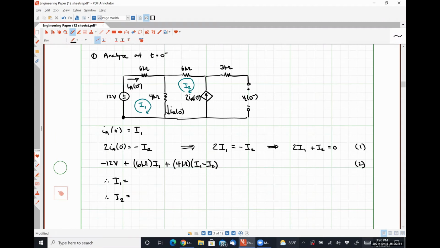So let's take just a moment to do that. 10,000 I1 minus 4,000 I2 is equal to 12.